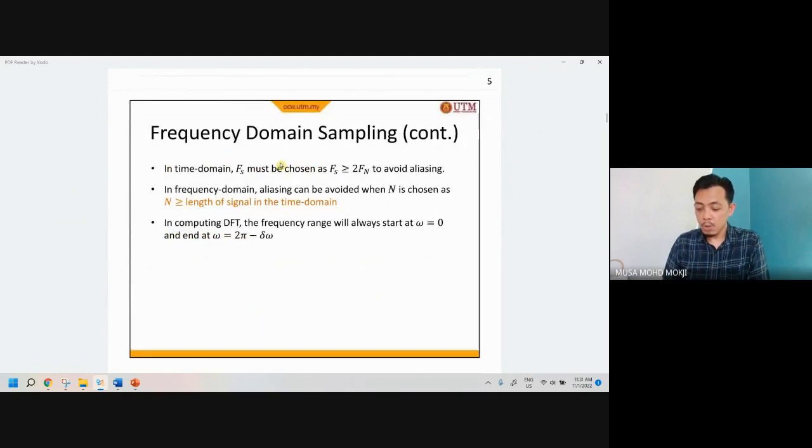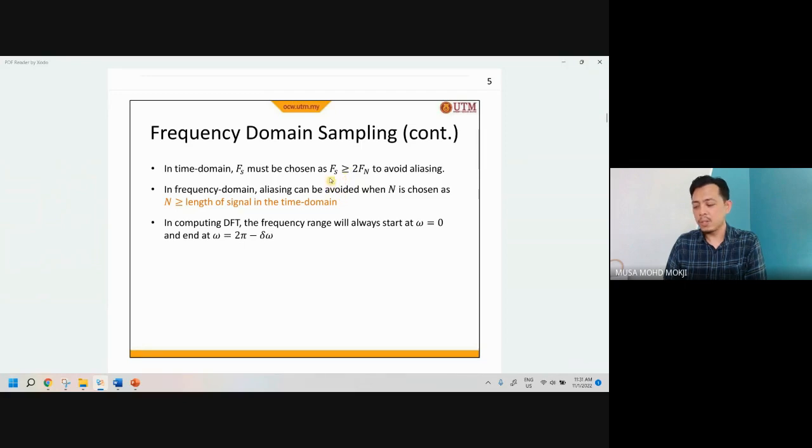And more facts: in time domain, Fs must be chosen as Fs greater than 2Fn to avoid aliasing. Okay, so we have seen this. This is based on Nyquist theory. So how to choose Fs? Because when we do sampling, we should have enough samples to represent the signal. And how to do that? We need to follow this formula.